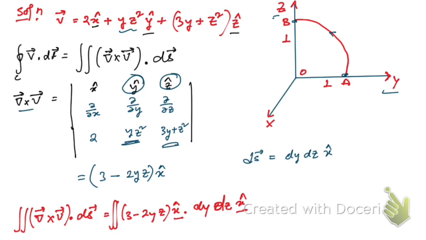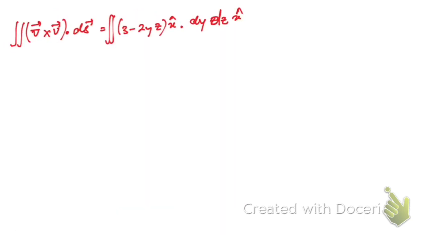So x cap dot x cap is gonna be 1, right? Now let me take a new slide. This is the last step we have got.